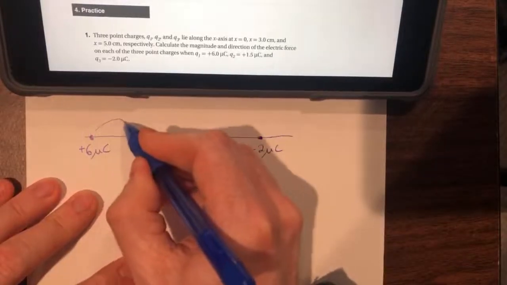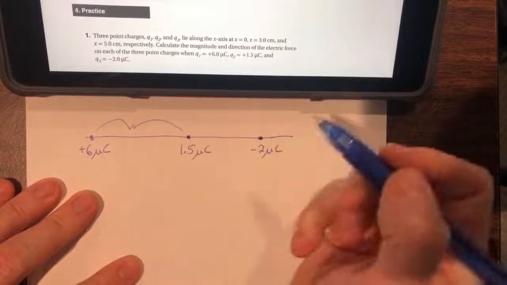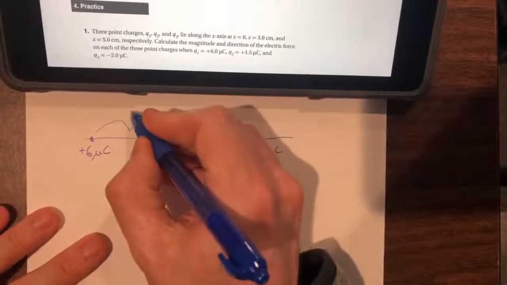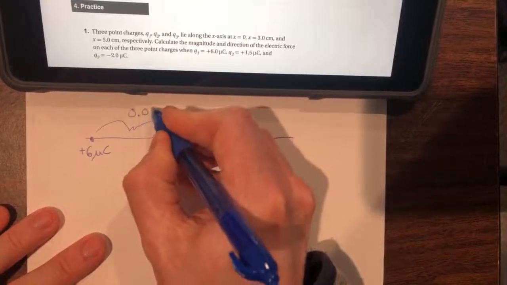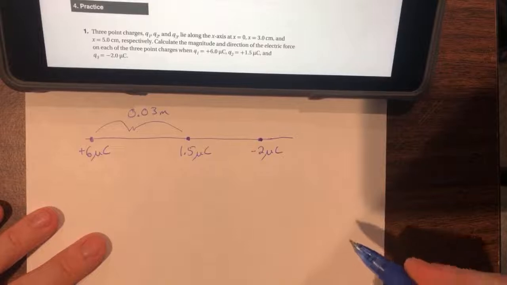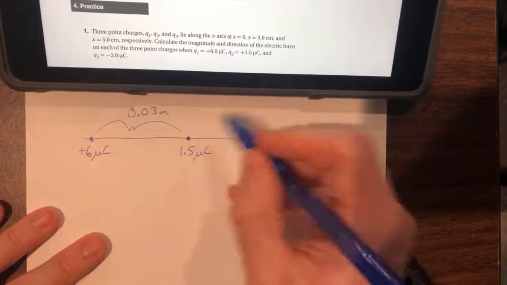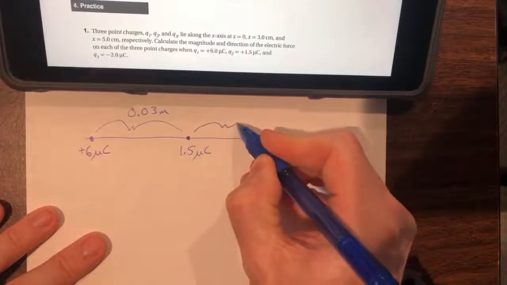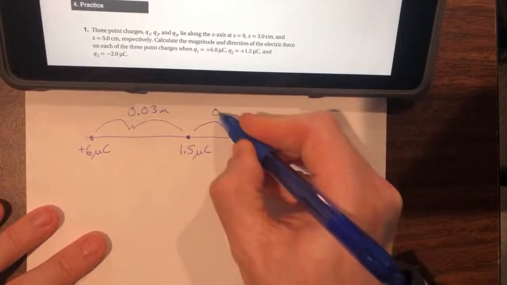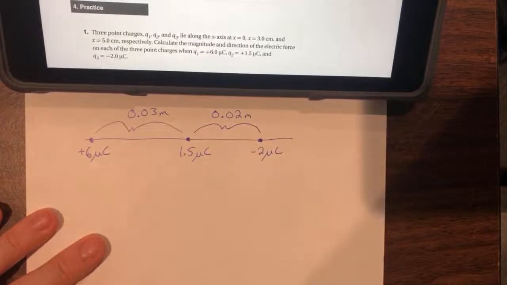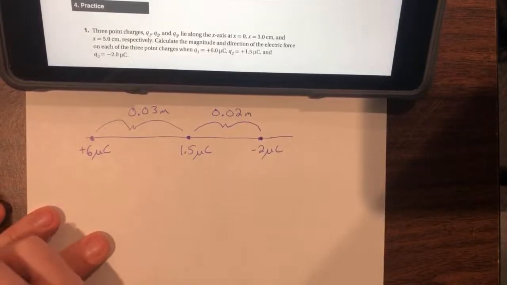Okay, so keep in mind this value here is a distance of 3 centimeters or 0.03 meters. Let's just stick in the SI units of meters here, and this one going from 3 to 5 is going to be 0.02 meters.